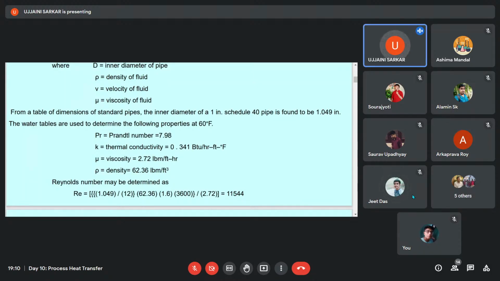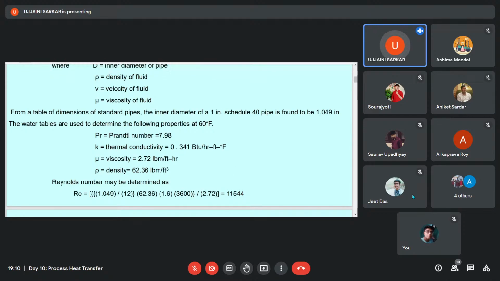So the Cp value is not given in this problem. But at 60 degree Fahrenheit, what is the value of Cp? If you can find it, then you can find the value of the Prandtl number, whether it is coming 7.98 or not. So mu is given, k is given, Cp is not given.